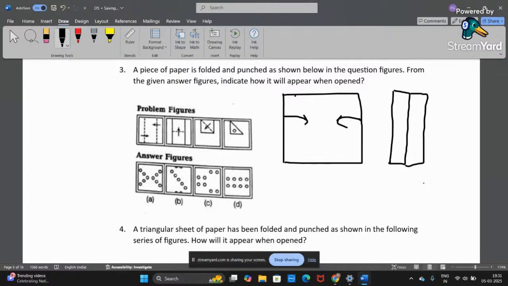After getting this fold, again they are folding it off. Some it looks like this. Again they are folding to a triangle. So it looks like this. Then they are making a hole here. Okay. So in this we have to find the answer.